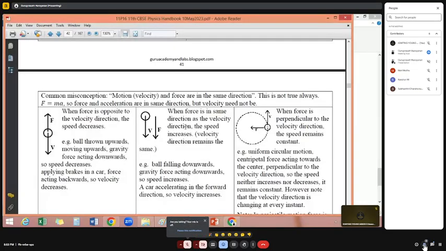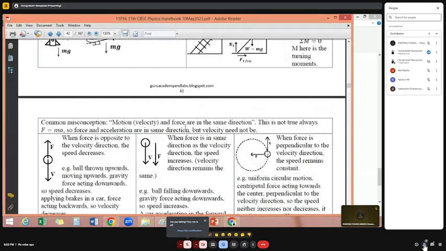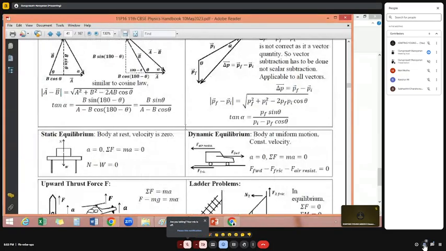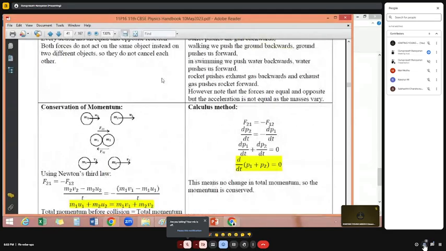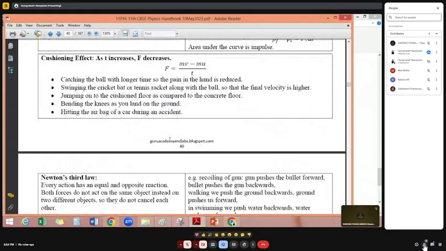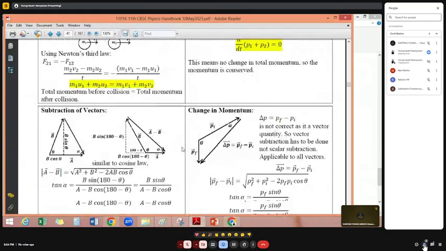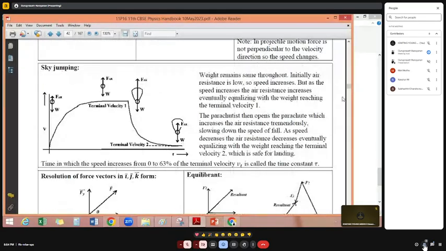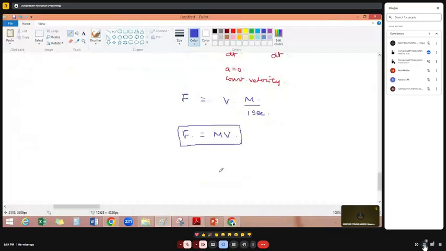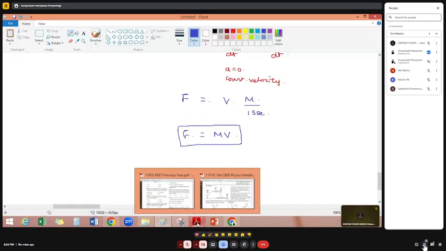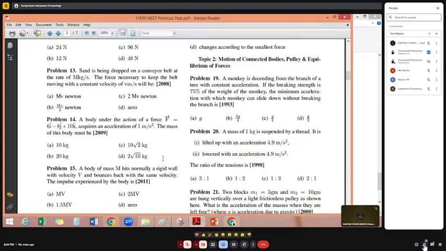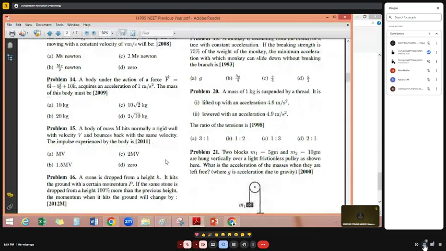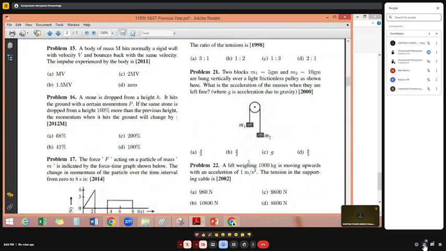So definitely, if you are serious about your NEET or JEE, then before coming for the next class, you have to go through all these pages. At least some. I think we have some 4 or 5 pages. Go through this and start doing these problems. Very easy problems only, right? So you have to practice it, then come.